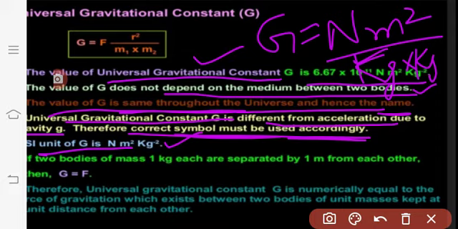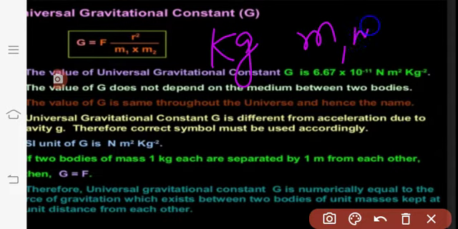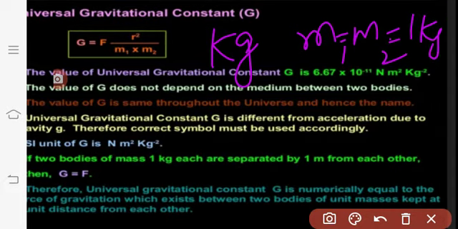Now suppose the masses of two bodies are 1 kg each, it means m1 and m2 are both equal to 1 kg, and the distance is 1 meter. Then how will you define the universal gravitational constant?